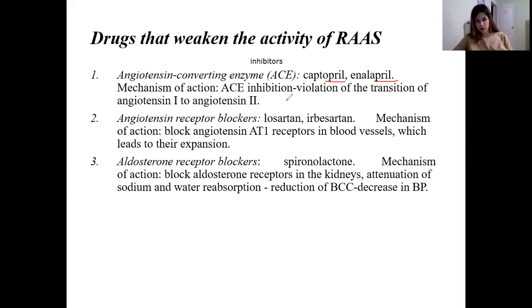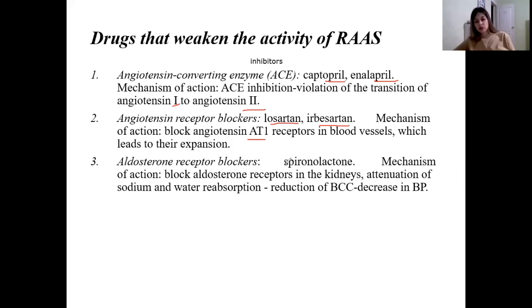The mechanism of action is they block this enzyme and the transition of angiotensin 1 to angiotensin 2. The angiotensin receptor blockers, which are sartans, losartan, and irbesartan, and the mechanism of action is to block the receptors directly in the vessels, and it leads to relaxation and their expansion.